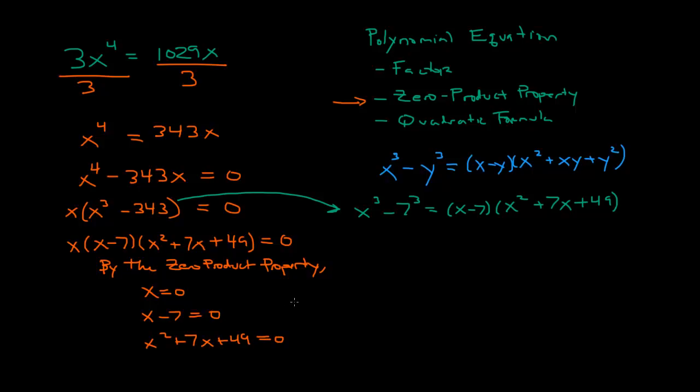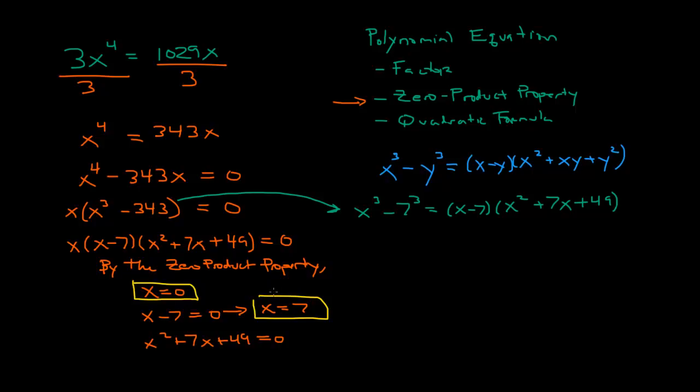Now, two of these are very easy to solve. In fact, that one's already solved for us. There is one of our solutions, x equals 0. This next one is really easy to solve. It's just a linear factor. All we have to do is add 7 to both sides, and x equals 7. Okay? So there are two of our solutions.